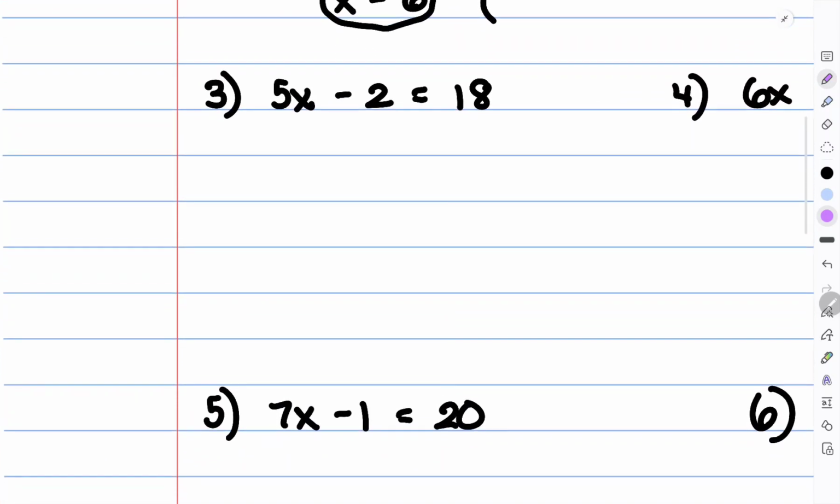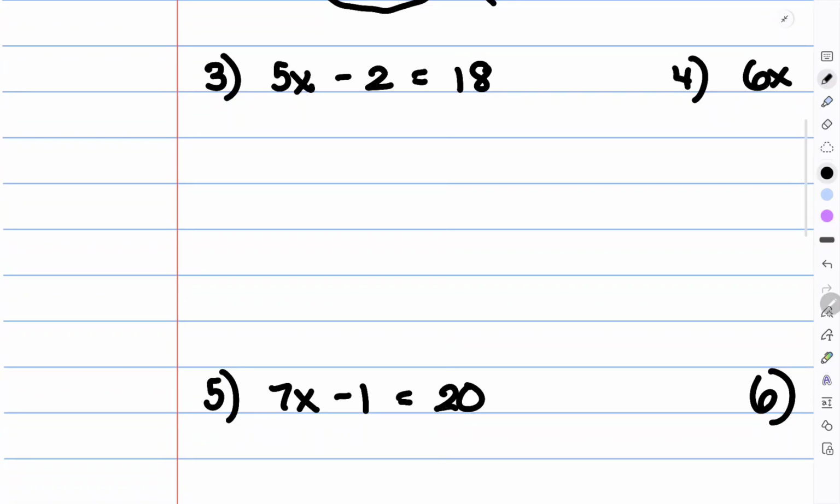Now it's time for number 3. We have 5x minus 2 equals 18. The floater here is negative 2. So instead of subtracting, we're going to add because we're doing the opposite. Negative 2 plus 2 is 0, so that cancels out. 18 plus 2 is 20, and 5x equals 20.